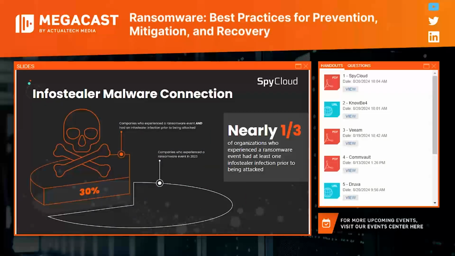So the big connection we see here at SpyCloud, and the big trend, is the rise of InfoStealer malware. We see that the use of this malware has tripled the past year, and we recaptured over 340 million malware-exfiltrated credentials last year alone. Why is that? This technology for InfoStealer malware is cheap.